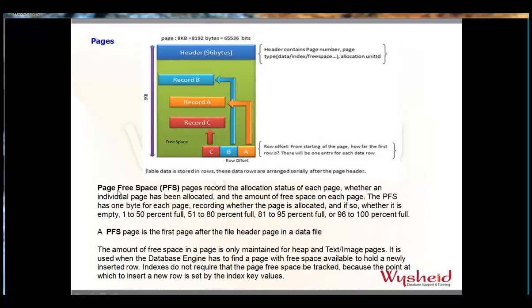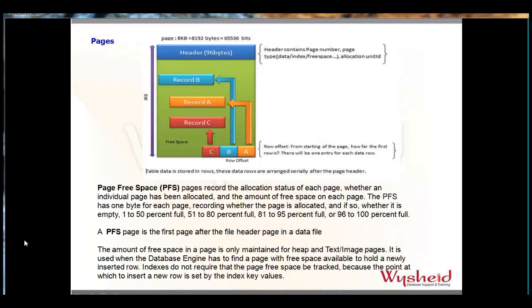and it will be using page free space PFS bits. This page will be using PFS bits to track whether it is a free page, or how much percentage of data is stored in a particular page. If it is 1 to 50%, or 51 to 80, or 81 to 95, or 96 to 100, whatever percentage of data is stored in this page will be recorded by the PFS bits.